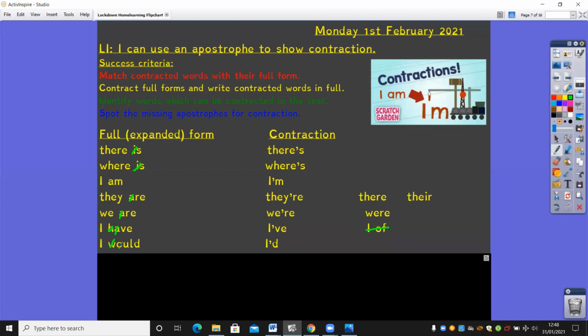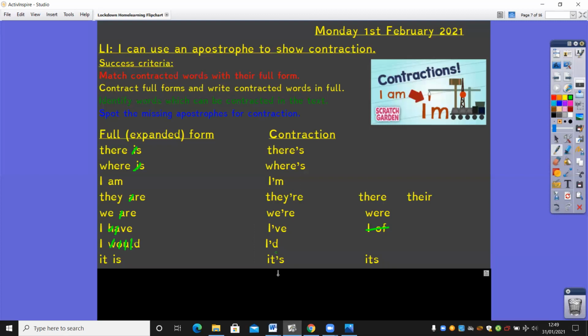W, O, U, L. That's 4 letters that have been squashed out of those two words when the words are contracted together. But my question to you is, children, do we need one apostrophe for every single letter that has been missed out? Do we need 4 apostrophes if 4 letters have been missed out? No, you are right. We only need one. Very good, children. Very good.